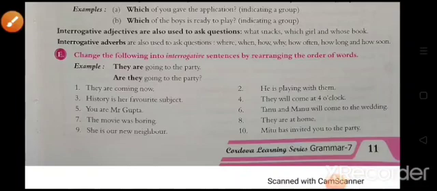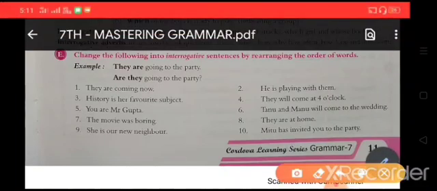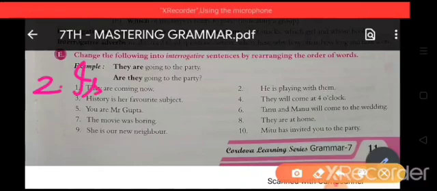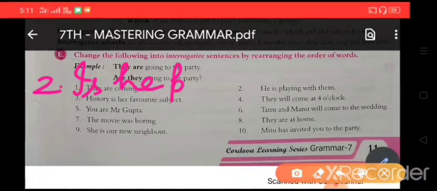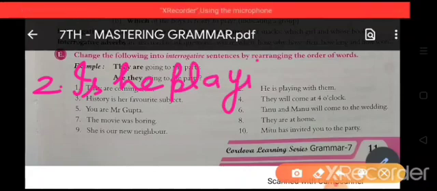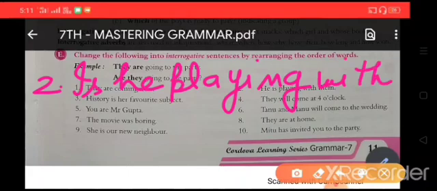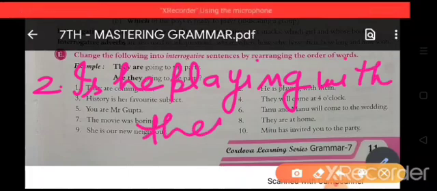Now next is: he is playing with them. Second: is he playing with them? So here we can see the auxiliary verb comes in front of the sentence, and after that we are putting a question mark.